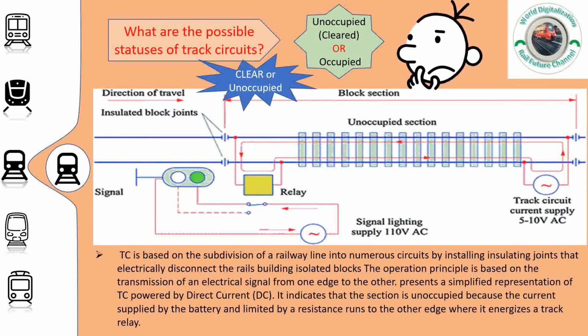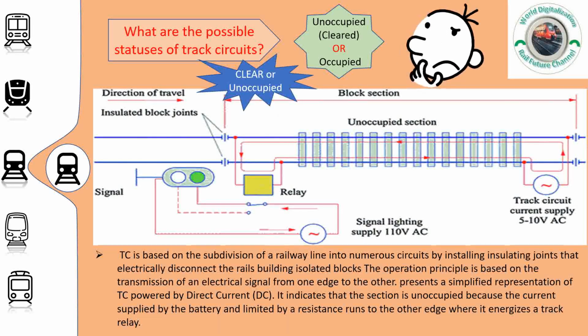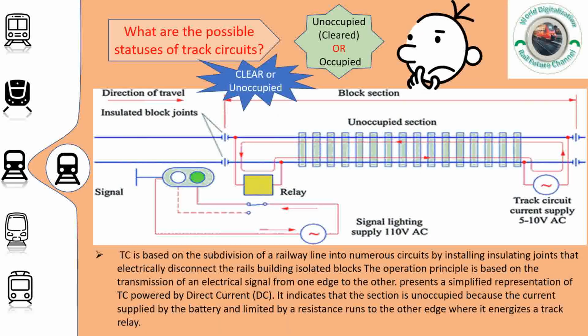This presents a simplified representation of DC, direct current. It indicates that the section is unoccupied because the current supplied by the battery and limited by a resistance runs to the other edge where it energizes a track relay.